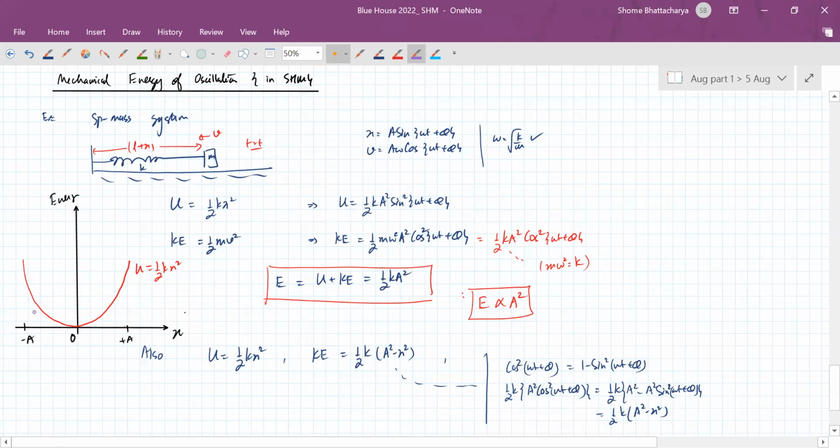The kinetic energy function is parabolic like this. And that is why the sum will be constant. Total mechanical energy is constant.